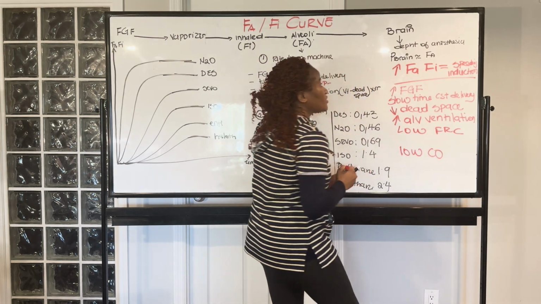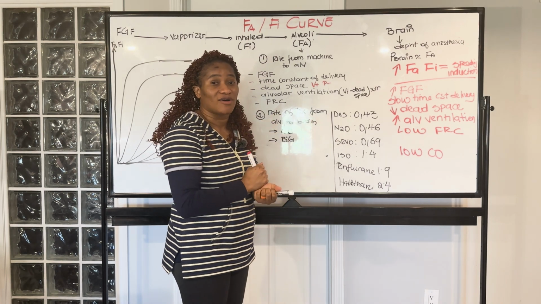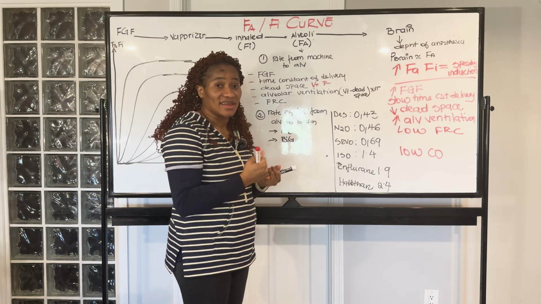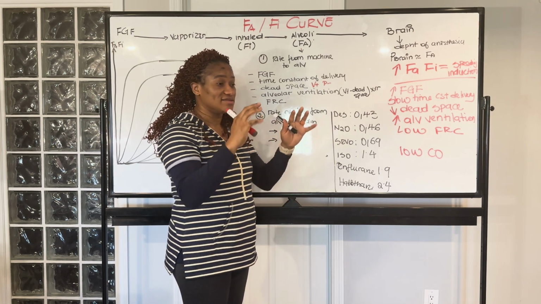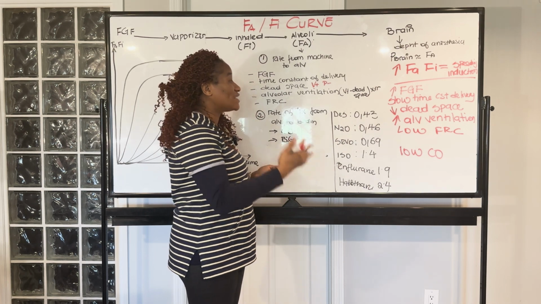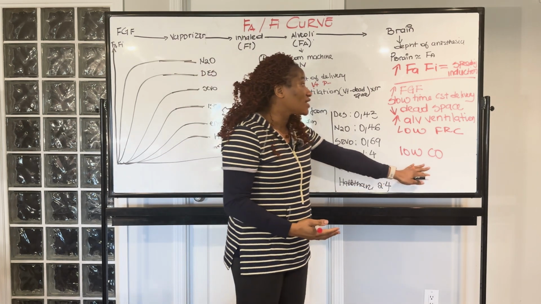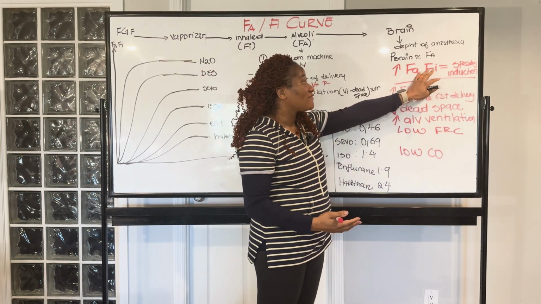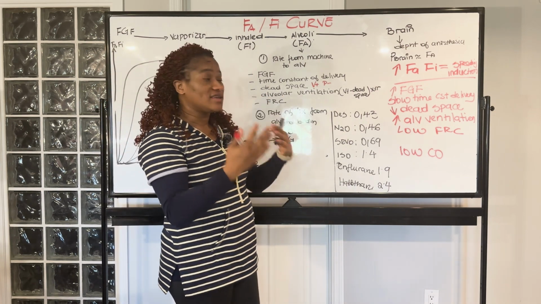Remember, the blood acts as a reservoir to hold those gases down. So if I have less cardiac output, I have less of that blood that is going to hold my gases down from getting into the brain, so my gas gets into the brain faster. So I need to have a low cardiac output to speed up my FA/FI rise curve, thus speeding my induction.